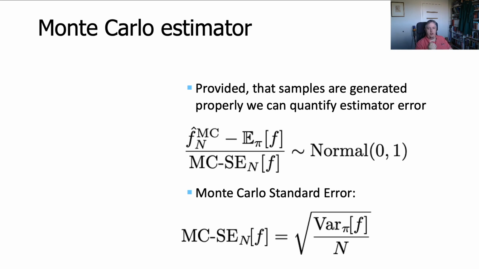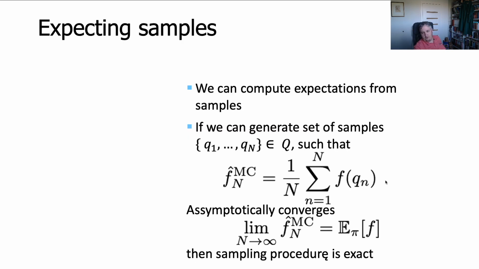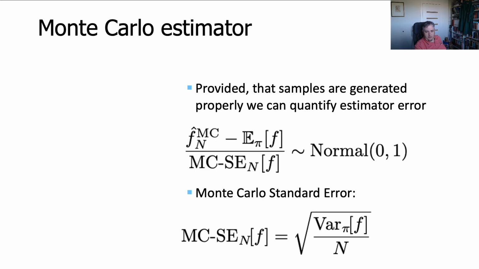The Monte Carlo estimator has a nice benefit that it is well quantified regarding the errors, because the average is a sum of samples or functions of samples, and a sum of independent random variables tends to become a normal distribution.